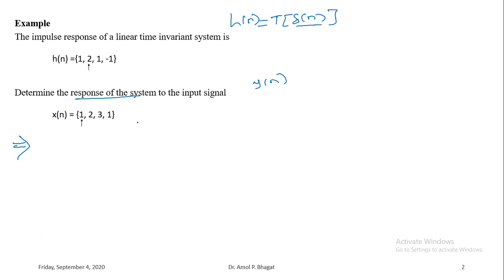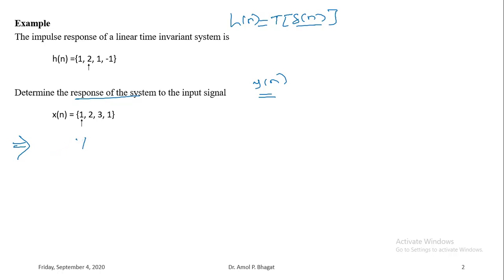As we had discussed in the previous session, here you are provided with the impulse response and the input signal. From that you have to identify the output or the response of the LTI system, that is y of n, and y of n can be identified by using the convolution summation formula.